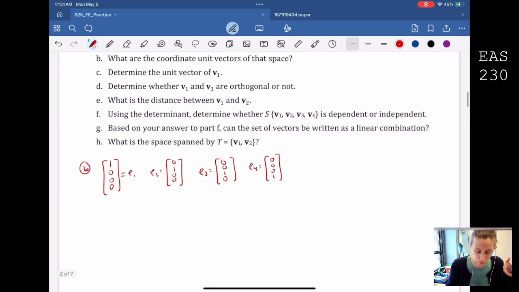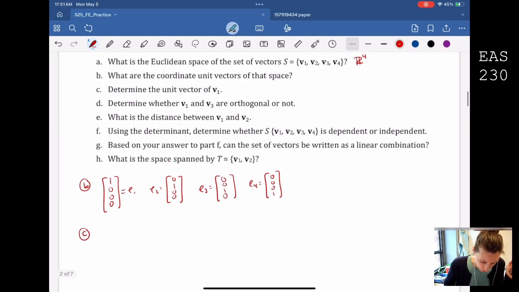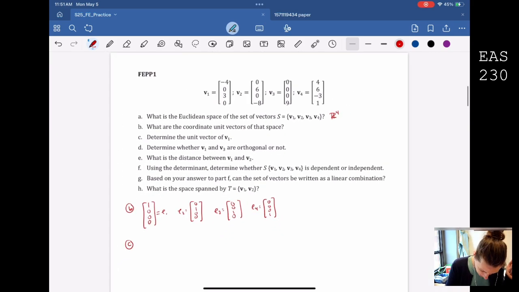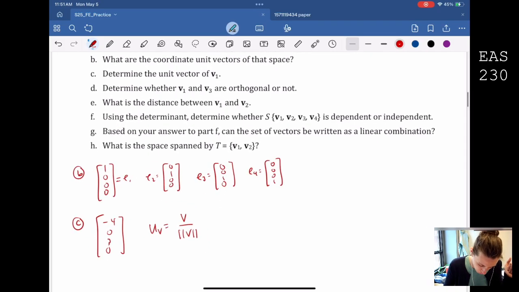Determine the unit vector of V1. Okay, so V1 looked like that. The equation for unit vector is V over the norm of V, or the length of V. So the length of V is Pythagorean theorem extended to however many dimensions. So negative 4 squared plus 0 squared plus 3 squared plus 0 squared.